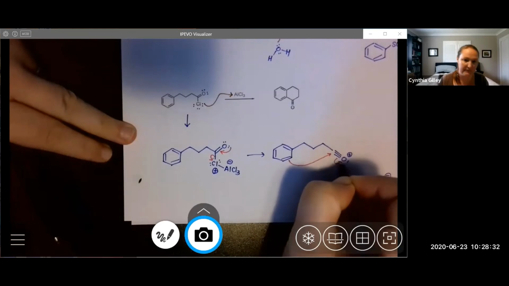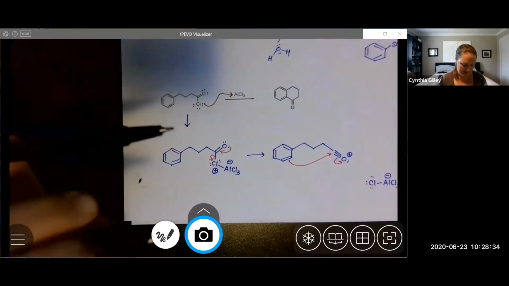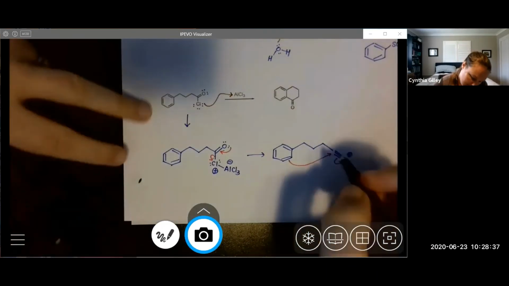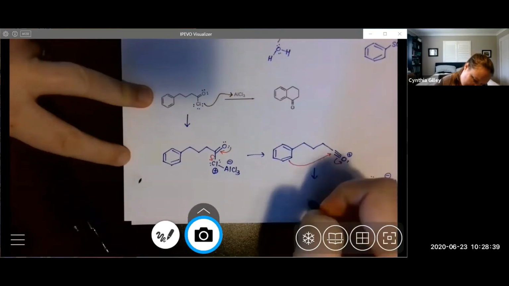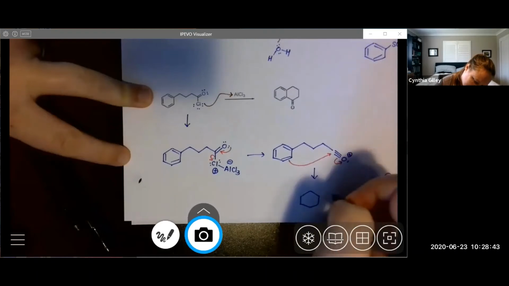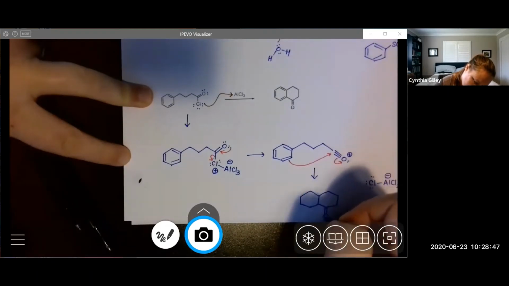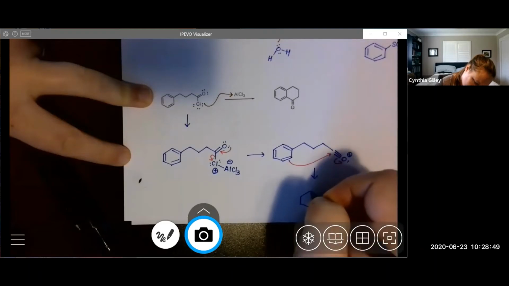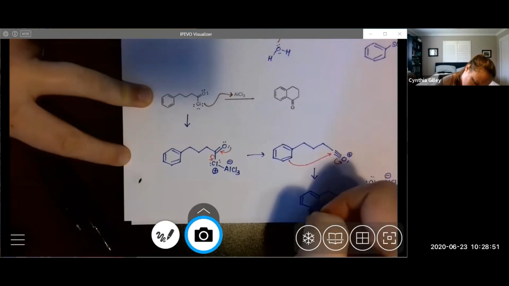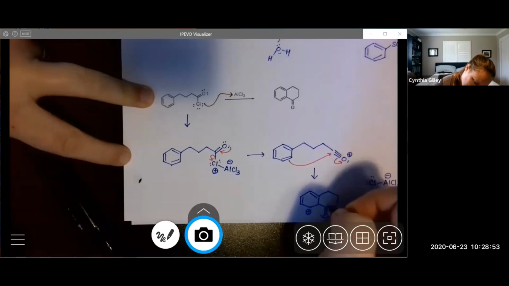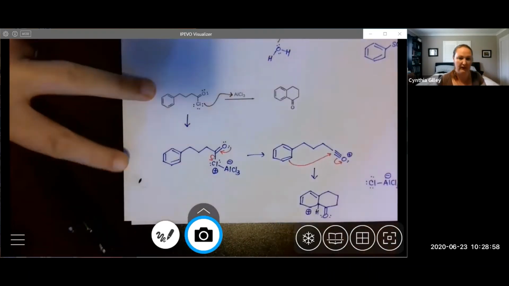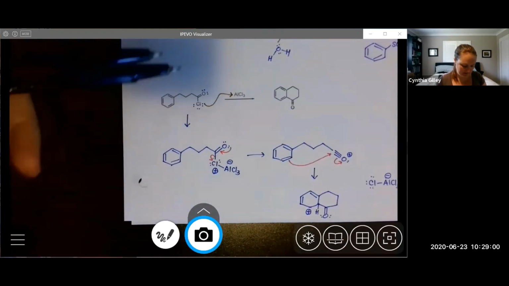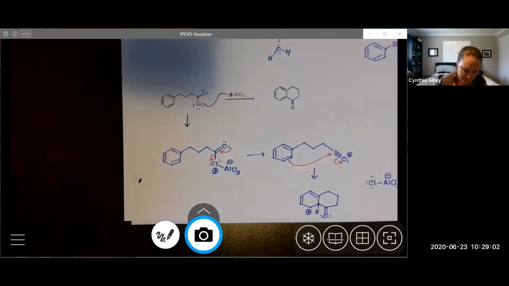It's convenient for me. And now we have a sigma complex. Draw that hydrogen in so that we can do the proton transfer.